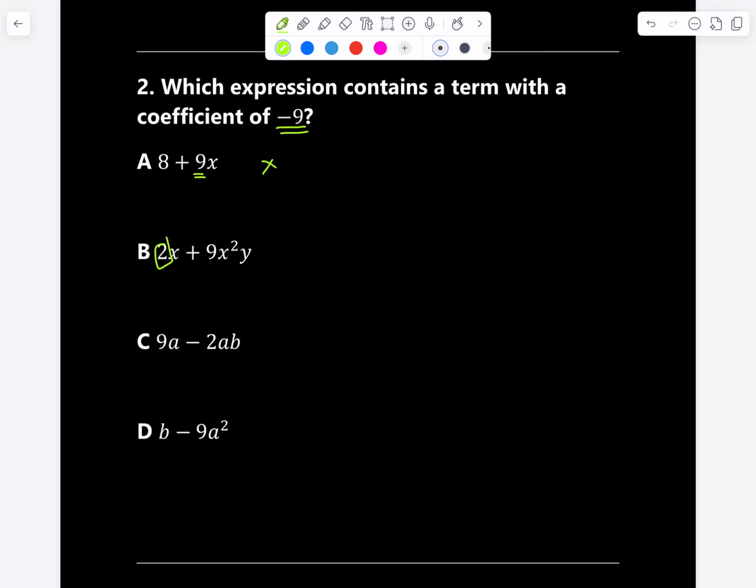The coefficient is either 2 or 9, so again, it's not that. What about C? Coefficient is 9 or -2, so again, it's not that. Well, it has to be D, and let's double check. The coefficient of a squared is, oh, that's an interesting shape, is -9, so we know it is D.